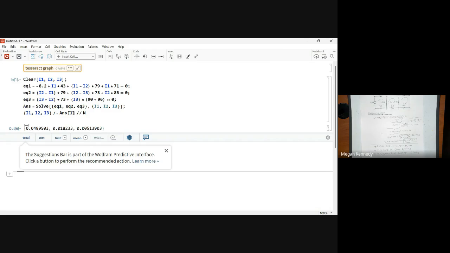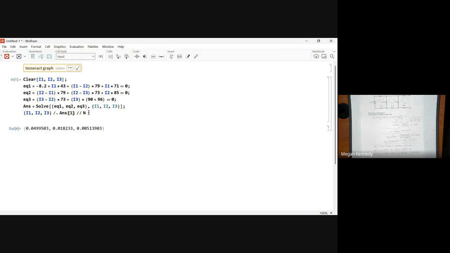So this is broken up here. We have I1 here, I2 here, and then I3. I'm going to write those down really quick.